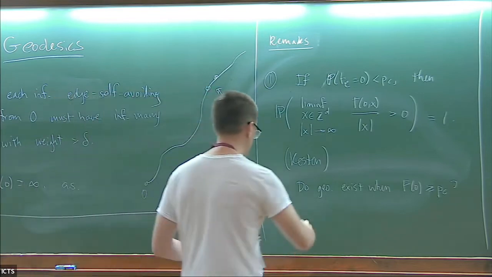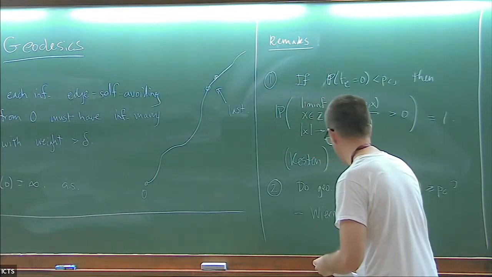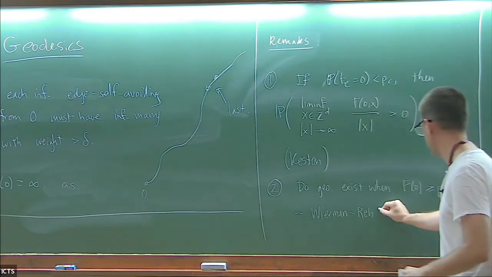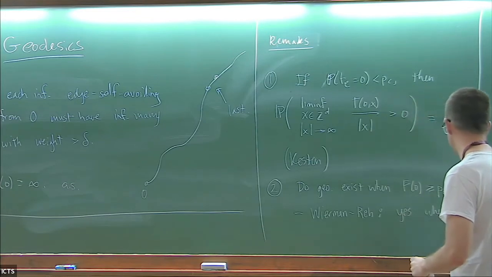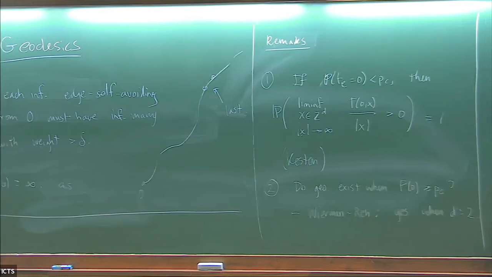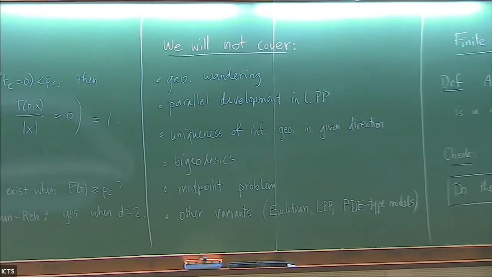Okay, well, there was a result by Riemann and Re, I'm not sure how to pronounce that, but the answer is yes when dimension is 2. I think this was done in like the 80s or possibly earlier. 78, yeah, okay. So quite early.